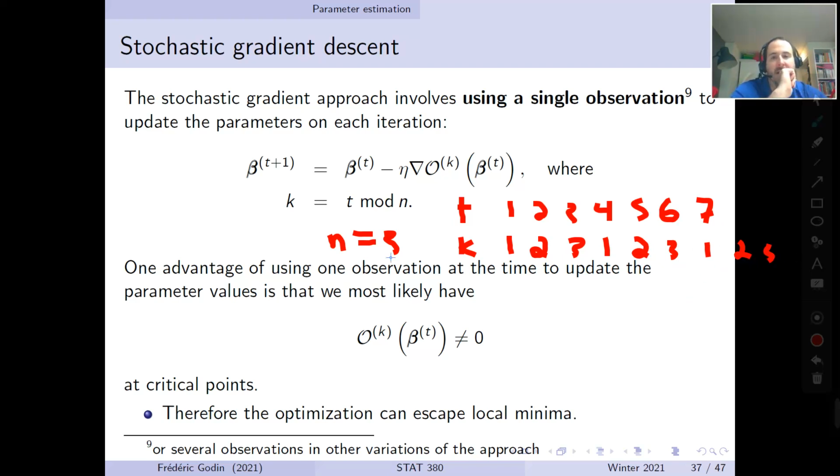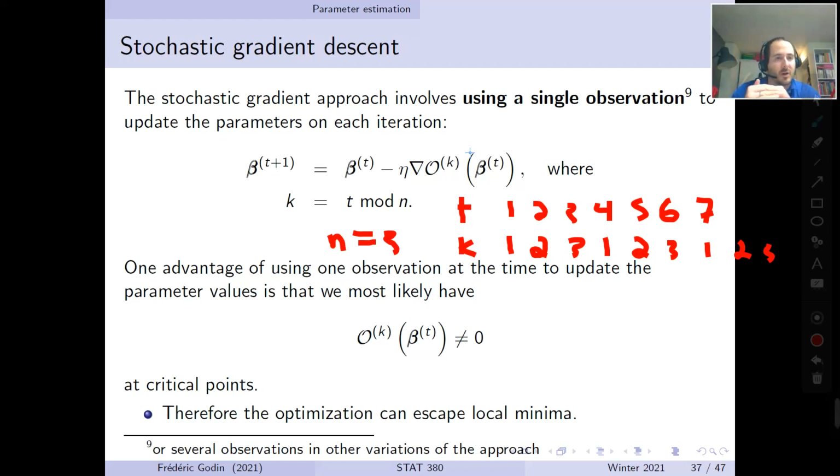Okay, so n here, recall, is the size of the data set. So basically, this entails that on each step, you use exactly one data point to come up not with the gradient, but only the component of the gradient associated with the single observation. And so on the steps, you start with the first observation, second observation for the second step, third observation for the third step until you reach n.